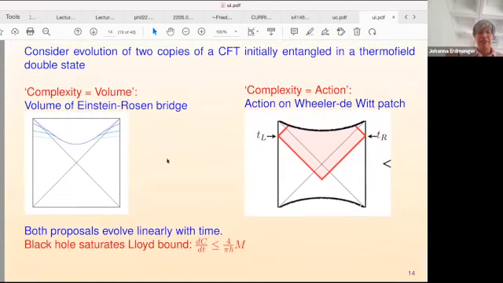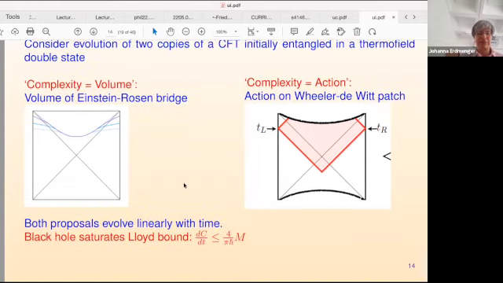I should also say it satisfies a particular bound, the so-called Lloyd bound, from quantum information theory, which tells you that the velocity with which the complexity grows has to be bounded by the energy of the system. Here the energy of the system is the black hole, and you can show that this relation is also satisfied by this proposal.